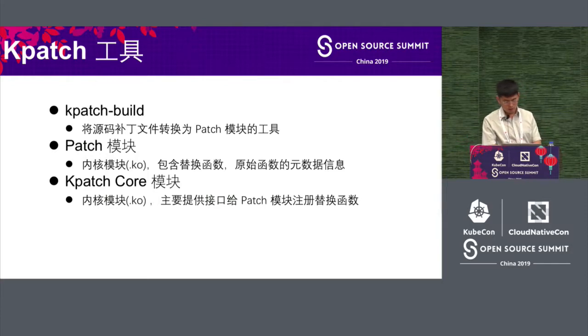It includes some important information about functions, including the replacement functions. When live patching is active, we will just schedule these new functions, along with the kpatch core module, which is the .ko file. It just provides a service interface for the patch modules to register new functions for replacement.